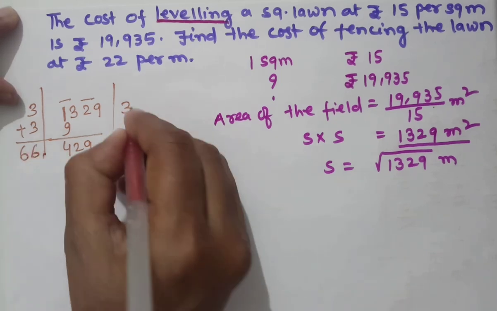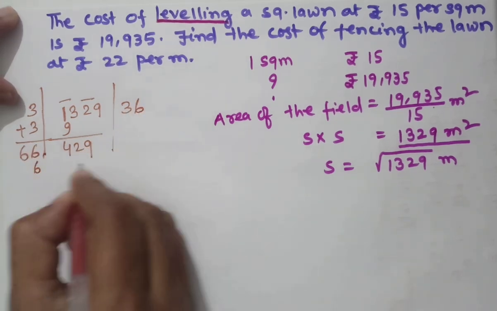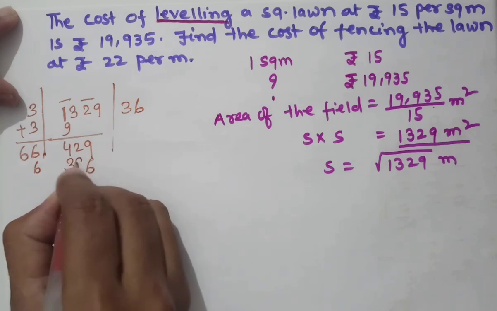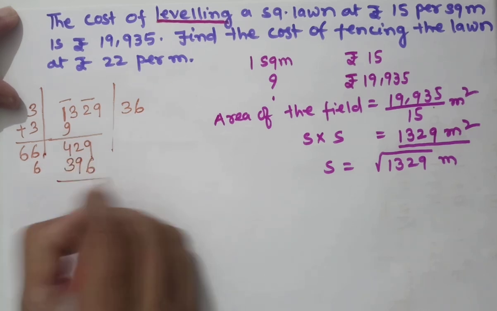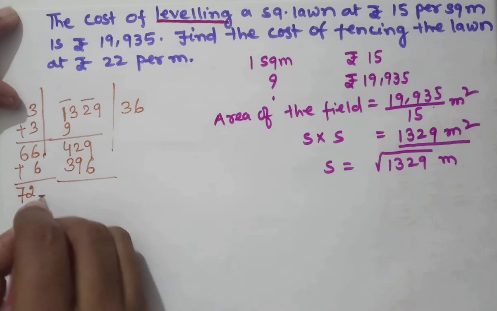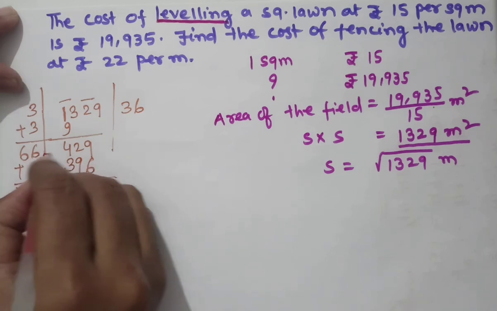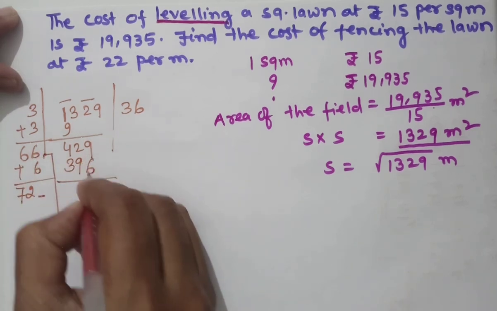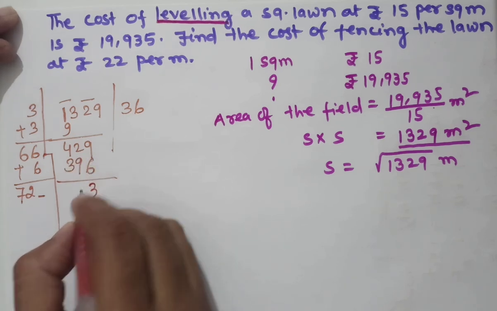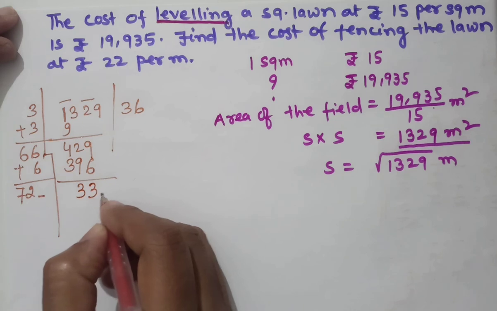It will be 6. 6 6s are 36 and 3, 39. So here we are getting 6 plus 6, 12, 72, and one place is vacant here. And again, 9 minus 6 is 3, and here 12 minus 9 is 3.